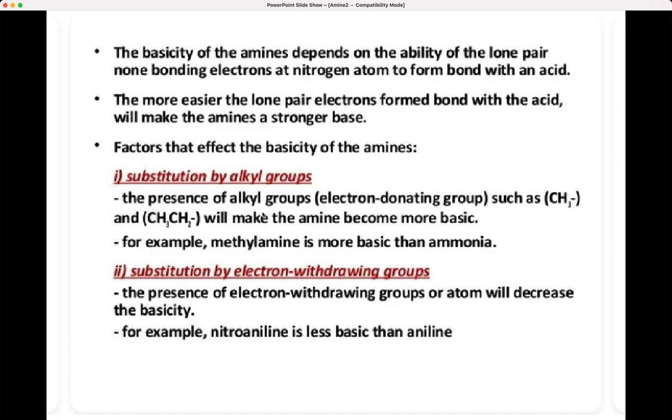The presence of alkyl groups, electron donating groups like CH3, CH3CH2, all make the amine more basic, and that is why methylamine is more basic than ammonia. Electron withdrawing groups decrease the basicity. Nitroaniline is less basic than aniline, because the nitro group is an electron withdrawing group, so that will decrease the basicity.